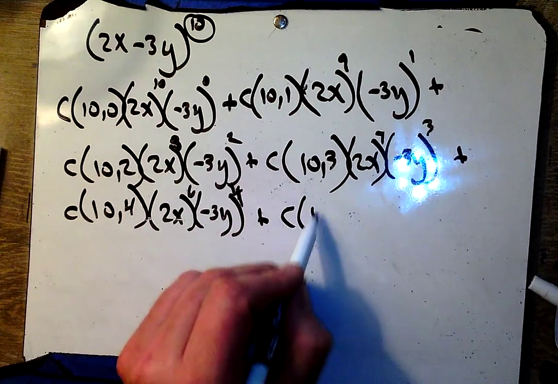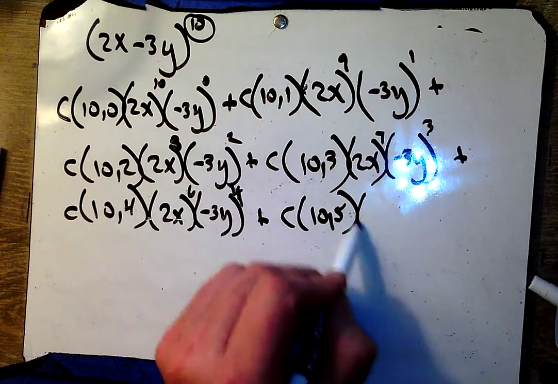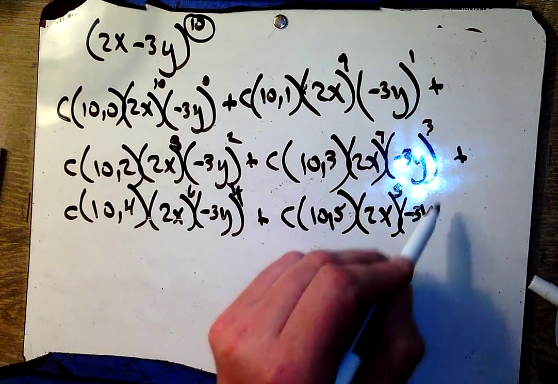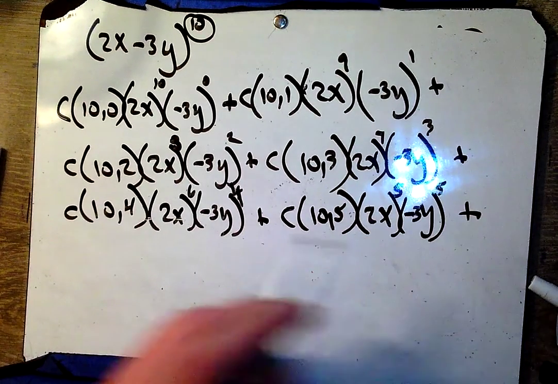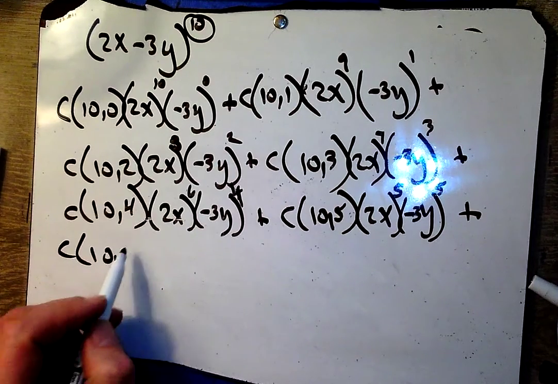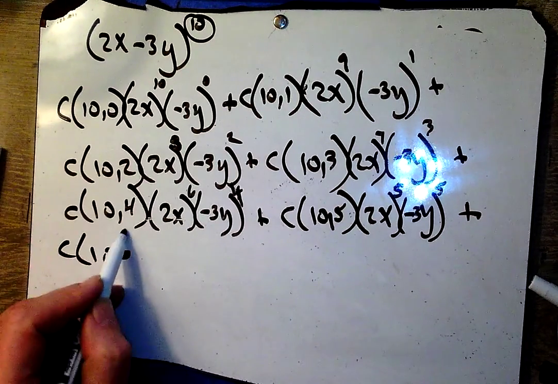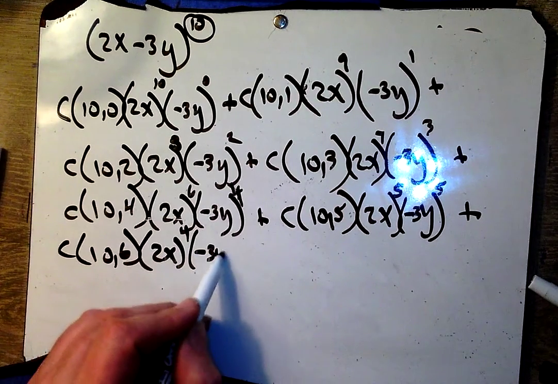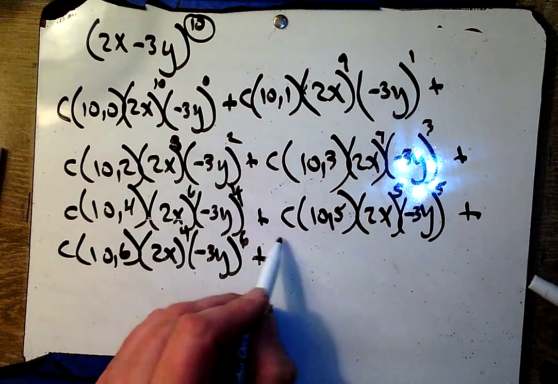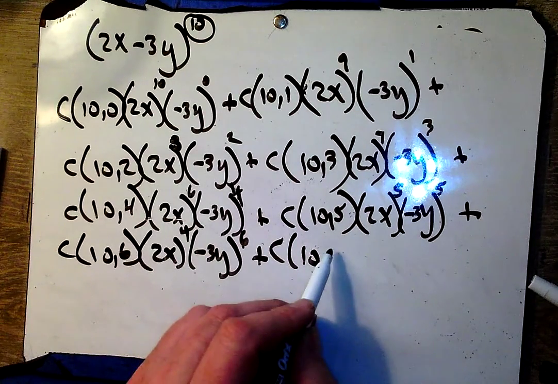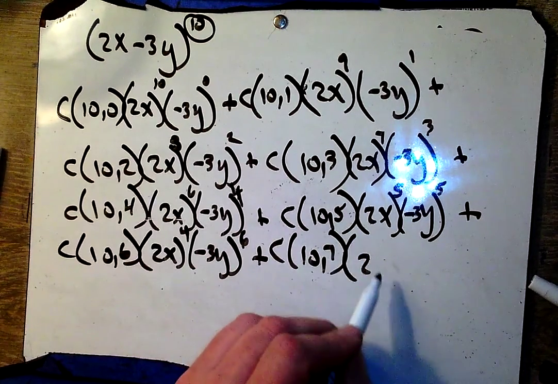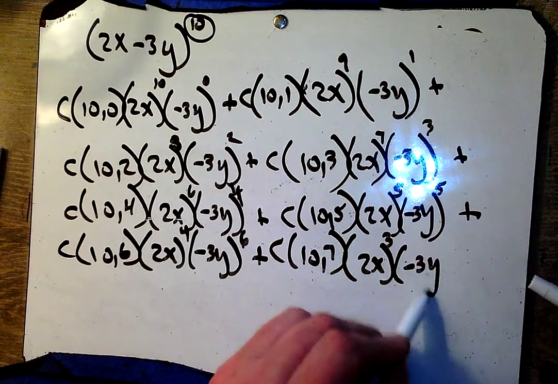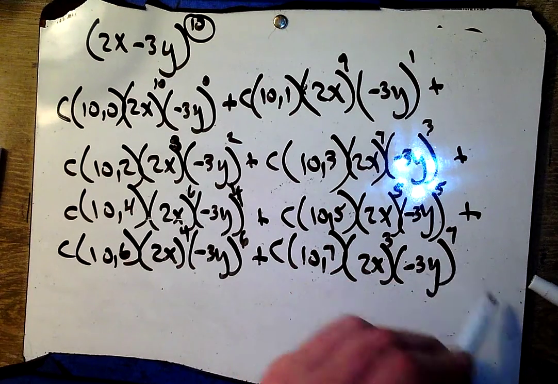Plus a combination of 10 choose 5, 2x to the 5th minus 3y to the 5th, plus a combination of 10 choose 6, 2x to the 4th minus 3y to the 6th, combination of 10 choose 7, 2x to the 3rd minus 3y to the 7th.